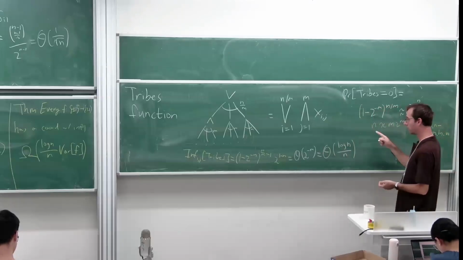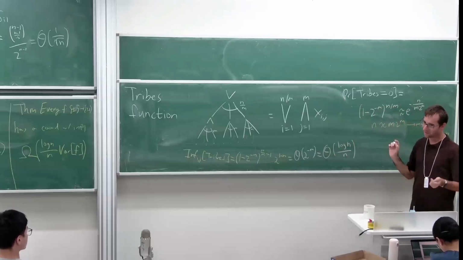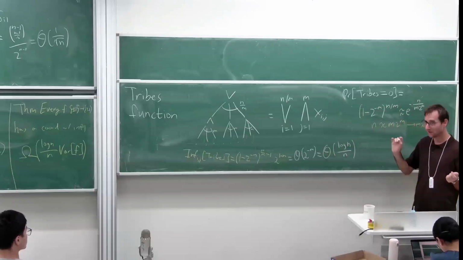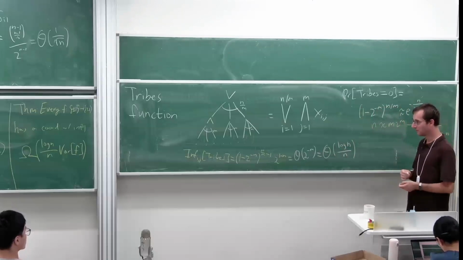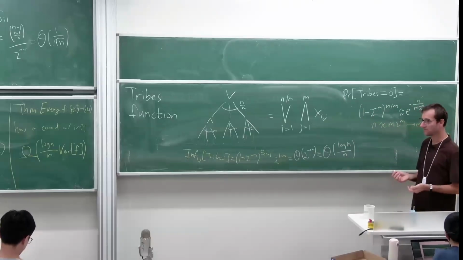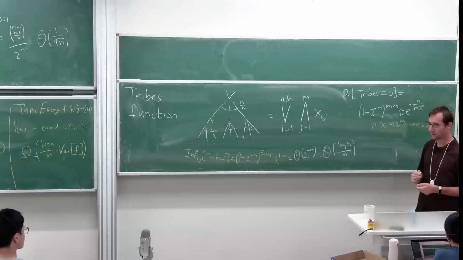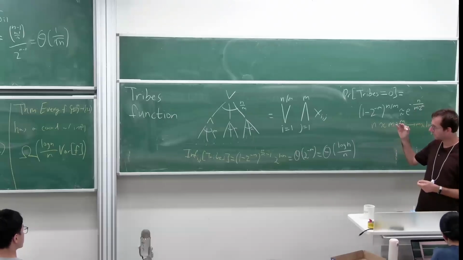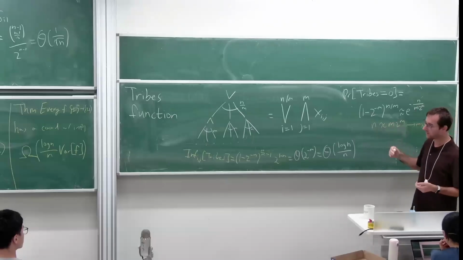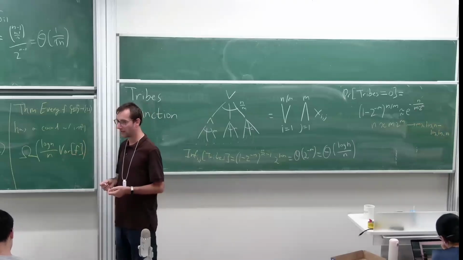This is just a calculation from how we define m. I personally don't like calculations, so there won't be too many of these, although they're unavoidable, but here you really need to see the calculation, and it just works out. So if you choose the optimal parameters, then this is what you get. For this function, all of the influences are roughly log n over n, whereas the variance is constant. And this shows that this expression is tight, at least for constant variance.